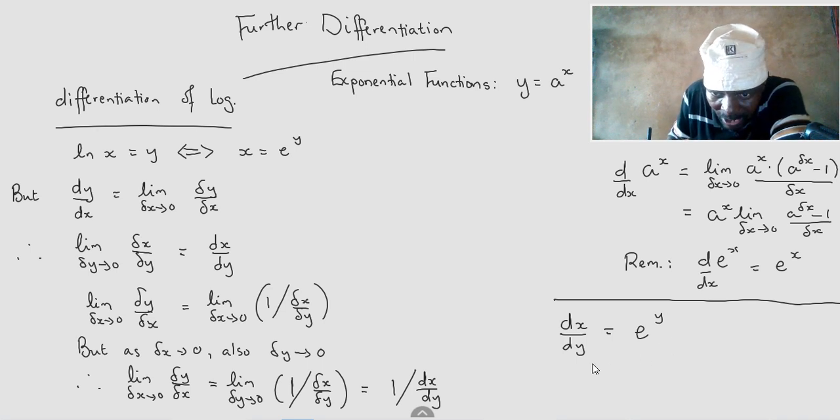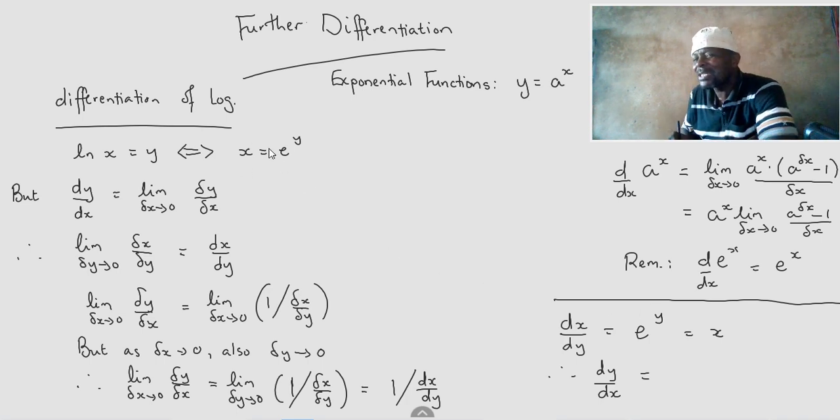What is our dy dx? Therefore, dy dx is simply equal to, remember this is equal to x as well. Our dx dy is equal to e to the y, but e to the y is equal to x.